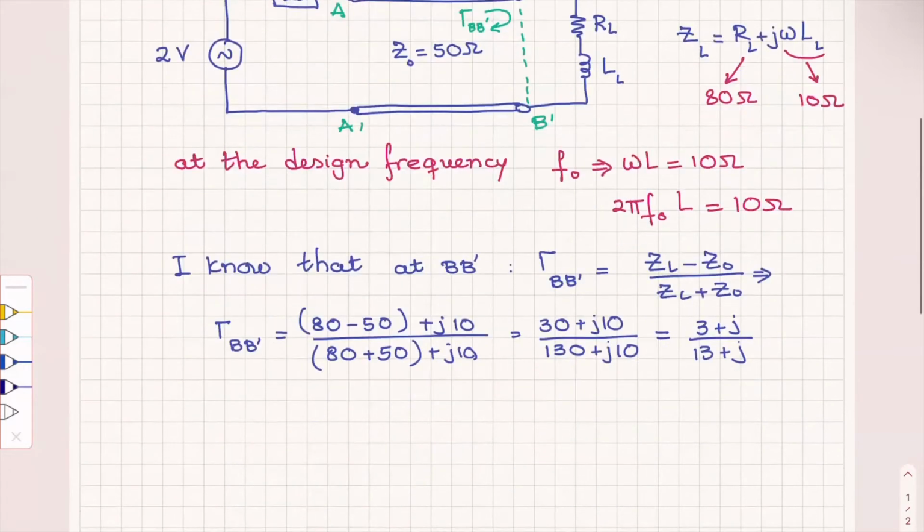And how do I make that into a magnitude and phase? Practically, I multiply numerator and denominator by the complex conjugate of the denominator.